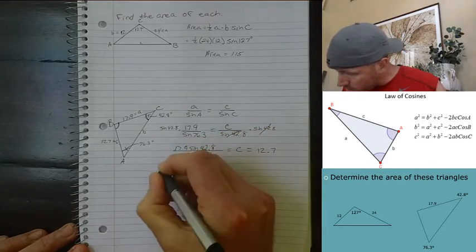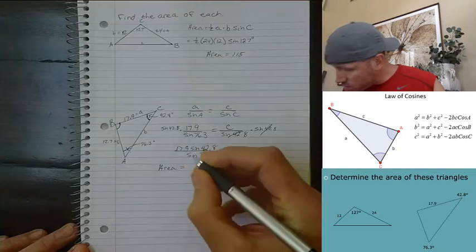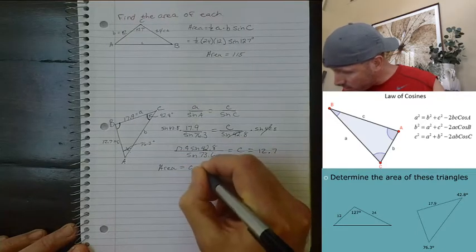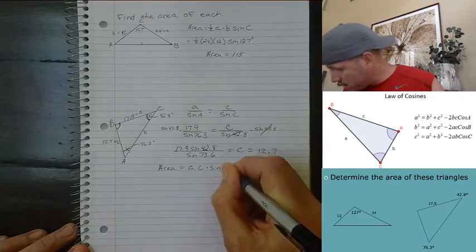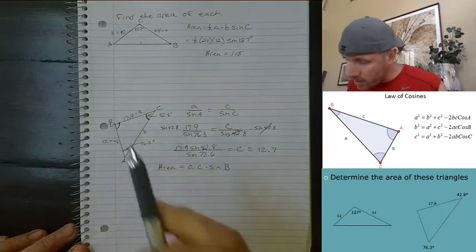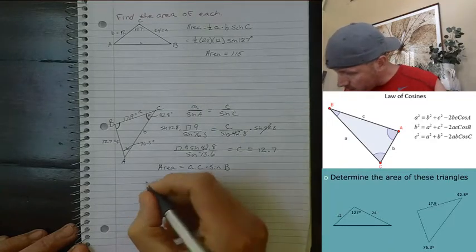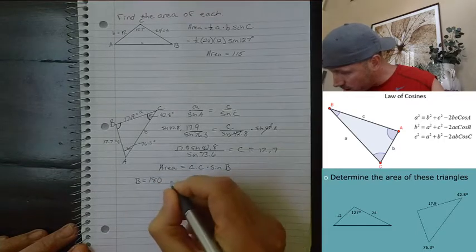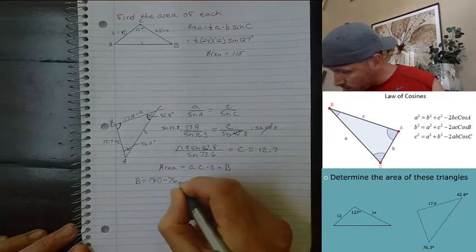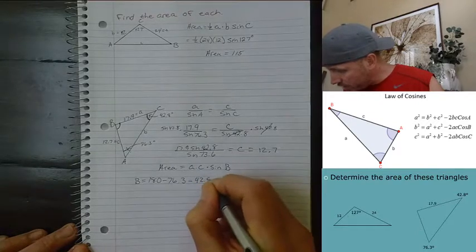Because the equation I want to use is area is equal to 1/2 A times C times the sine of B. Fortunately, B is really easy to solve for. So we've got B is going to equal 180 minus 76.3 minus 42.8.